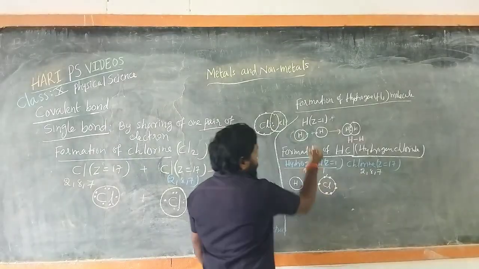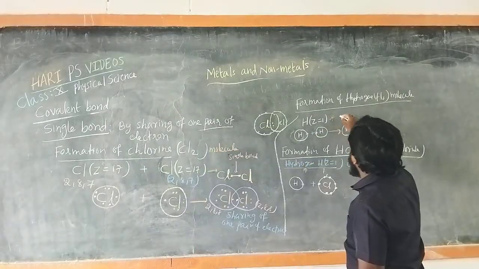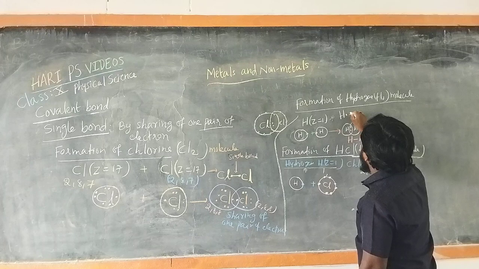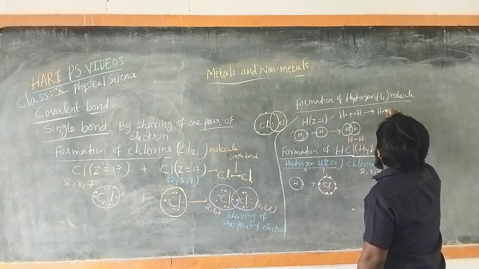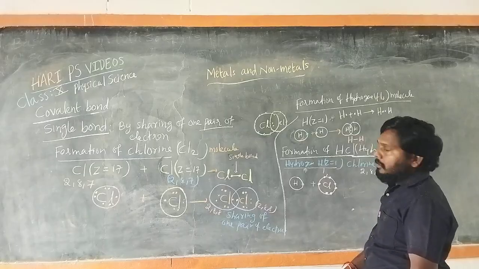So instead of this, one should write it in the form of dot structures. So hydrogen plus chlorine, 2 electrons are shared like this.